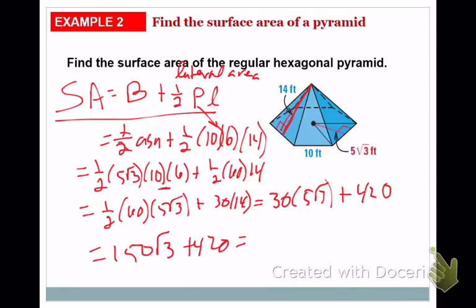All right, so we continue here. 150 times the square root of 3 plus 420 gets you about 679.8 feet squared. Okay? So find the area of the base, find the perimeter of the base, and shove it into that formula, and you're going to be in good shape for a pyramid.